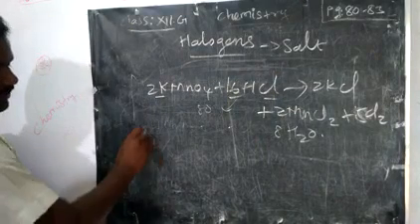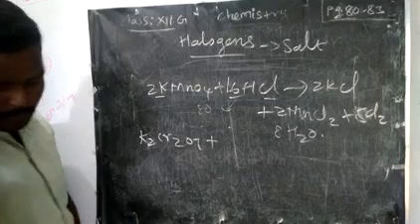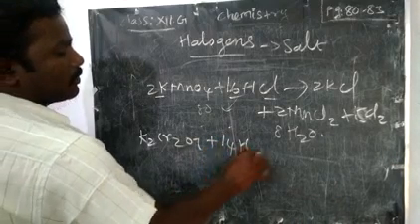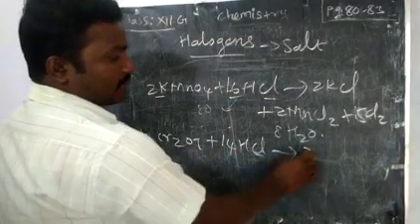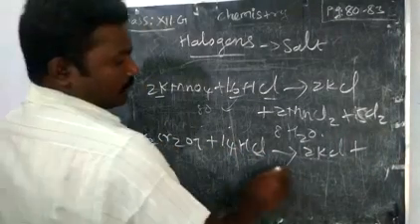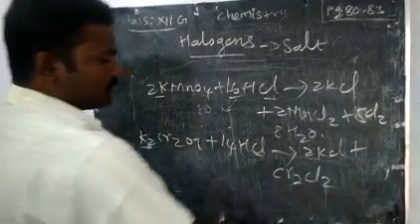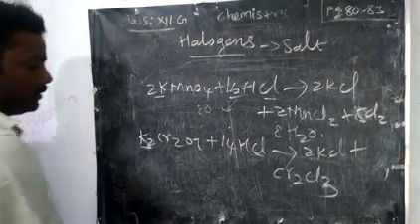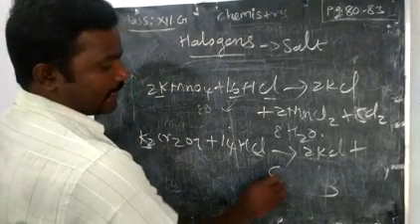And then potassium dichromate, K2Cr2O7. Here how many moles of hydrochloric acid? As usual 2K 2Cl, 2KCl. And then Cr2. How will the chromium chloride form? Cr2Cl3 or CrCl3. There are 2 options.